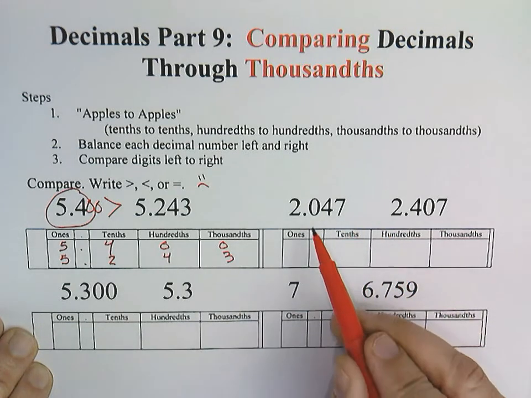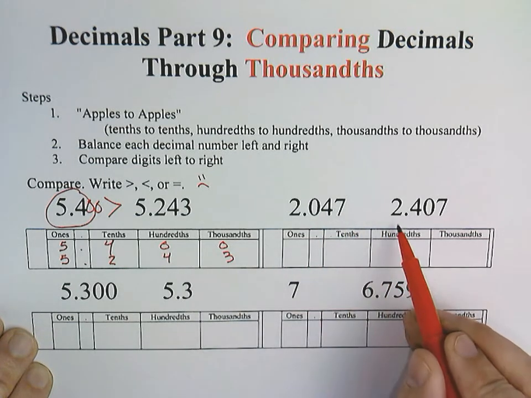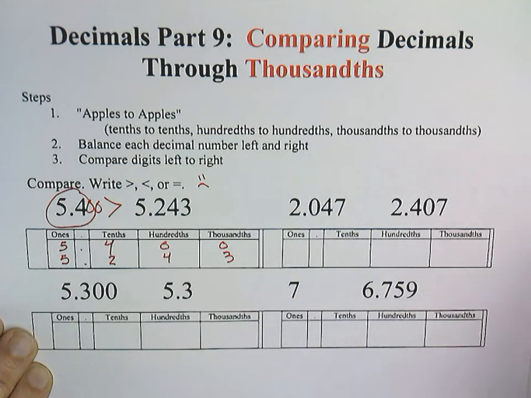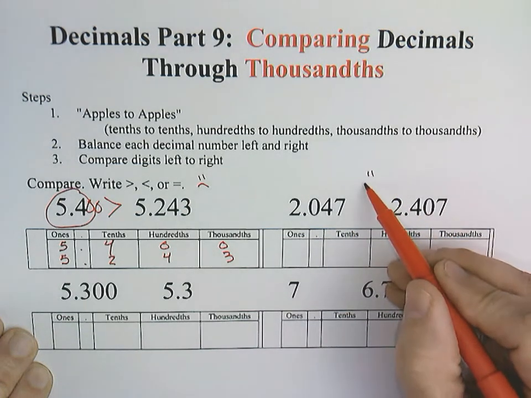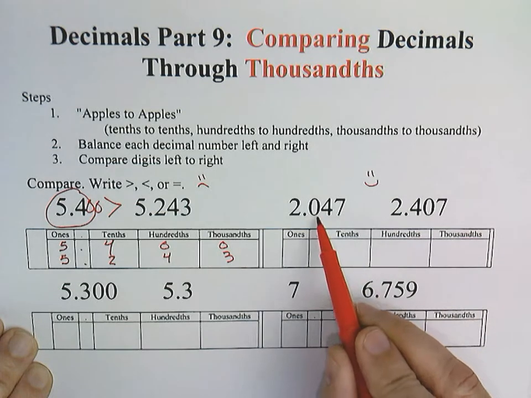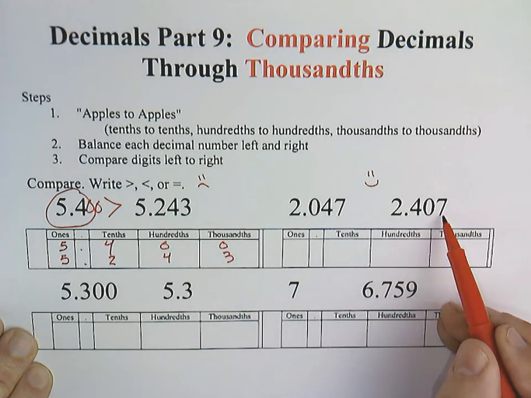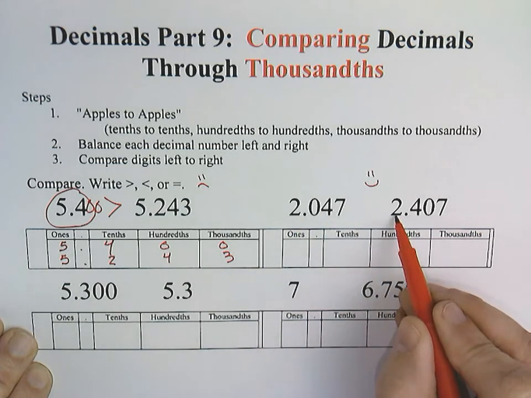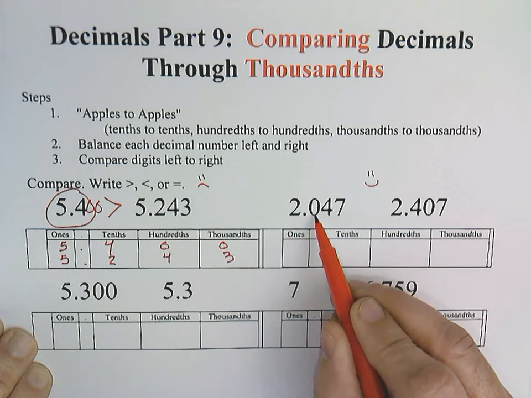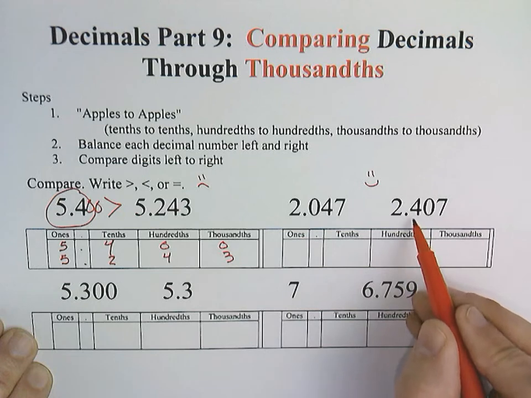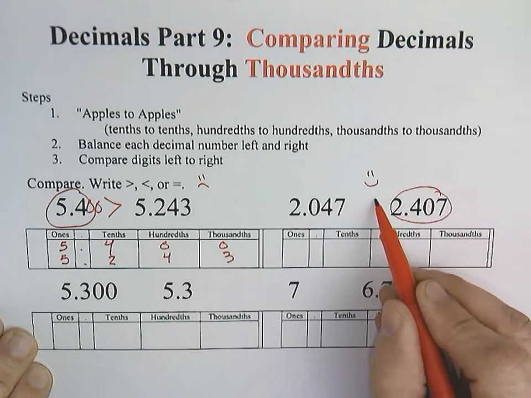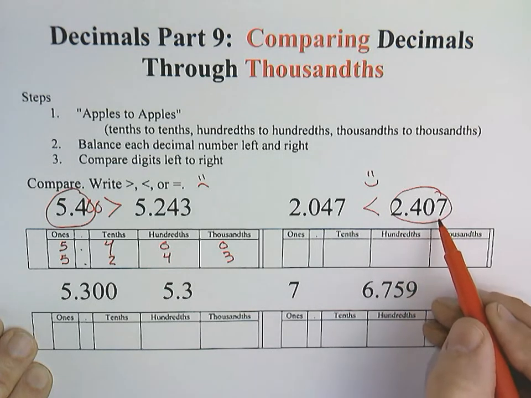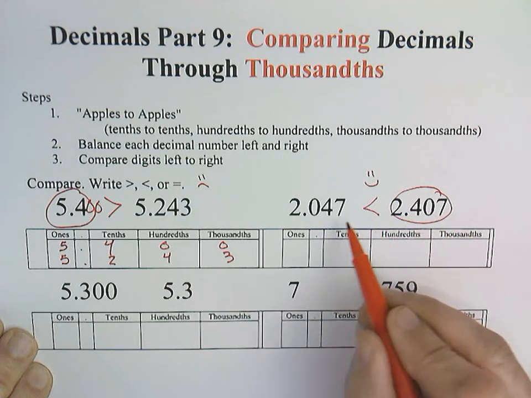Excuse me. 2 and 47 thousandths compared to 2 and 407 thousandths. Are we balanced? Yes, we are balanced because we have the same amount of decimal place values, so we can just compare digit to digit. 2 and 2 is the same, but in the tenths, 0 and 4 are not the same. In this case, 2 and 47 thousandths is less than 2 and 407 thousandths.